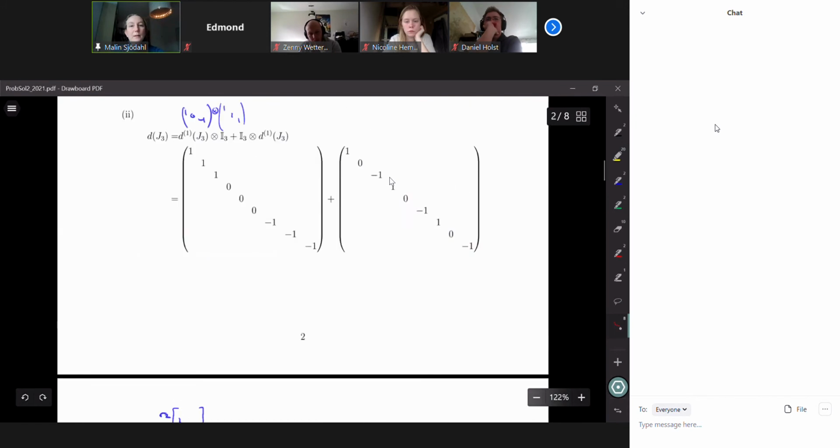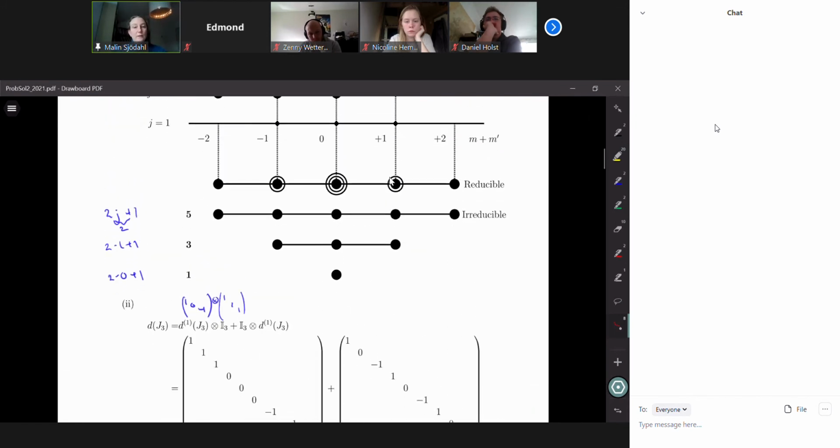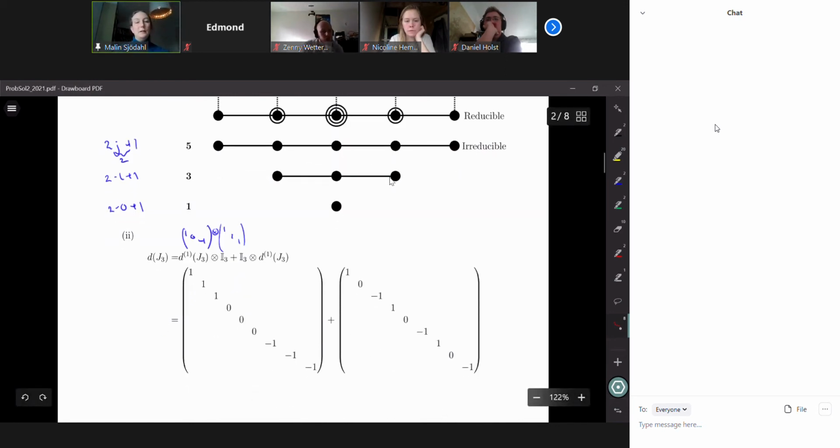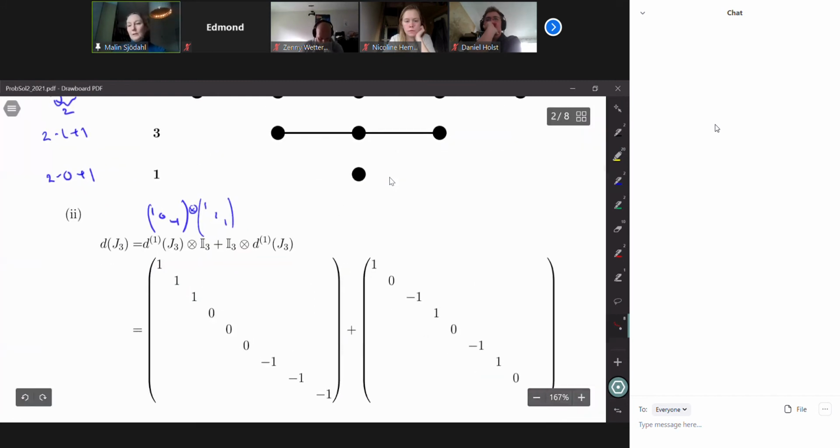Okay, so let's now see how we would compute that. First we have to find the representation of J3. To find the representation of J3, we use this formula for the direct product.